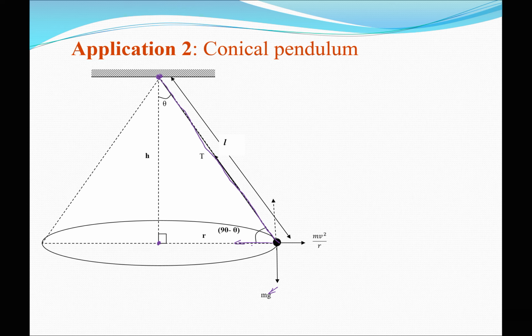So the force acting towards the center is equal to the centripetal force, given by mv squared over r. But of course, as the weight tends to pull the object away, there is a tension force in the string which is holding the object, and that tension is going to be T.